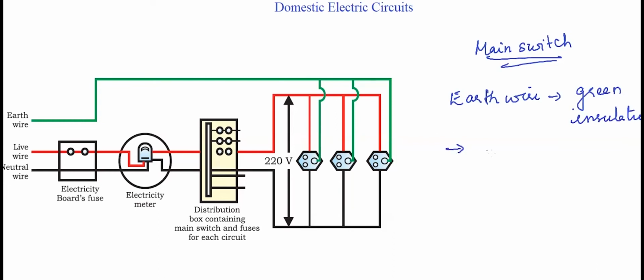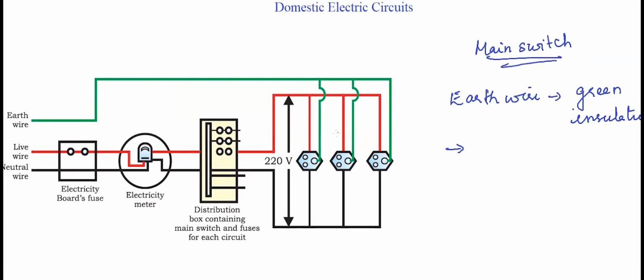This earth wire is connected to the metallic body of big appliances, for example a refrigerator. For that we need a bigger plug, right? A 3-point plug. There they connect the outside metallic body of the appliance to the earth wire, and the earth wire is actually a copper wire that is buried near the house.